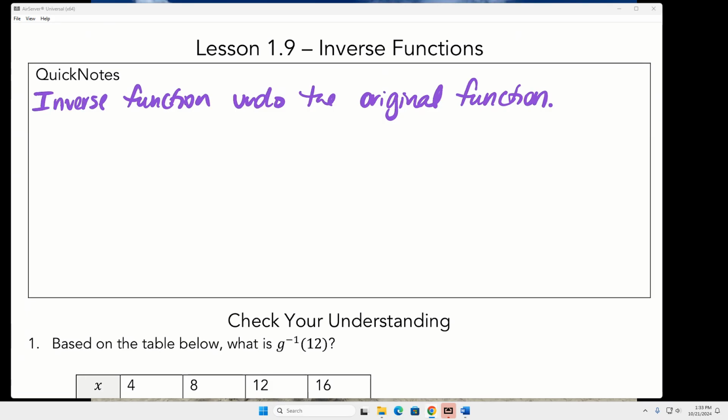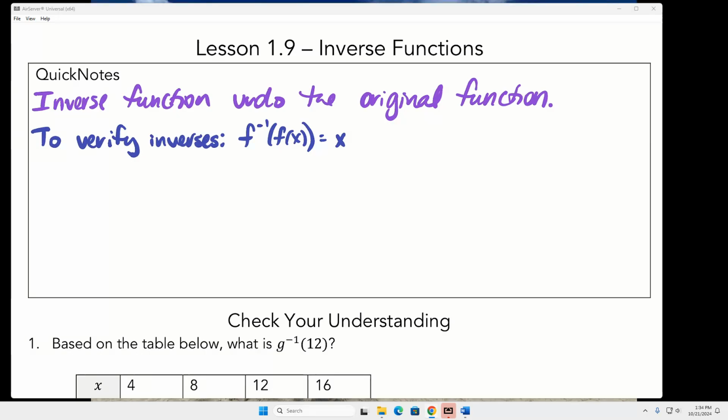All right, and one of the things that you're asked to do with inverse functions sometimes is to verify. So to verify inverses, you're going to do two things. You're going to do the composition. You're going to do f inverse of f of x. So composition is what we learned at the end of last week. So put the original function into the inverse, and everything gets undone, like everything kind of cancels away, and you're just left with x.